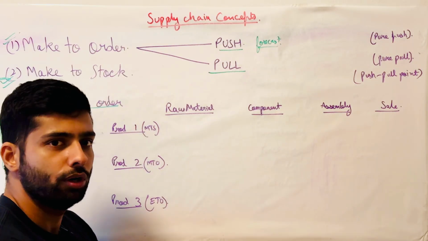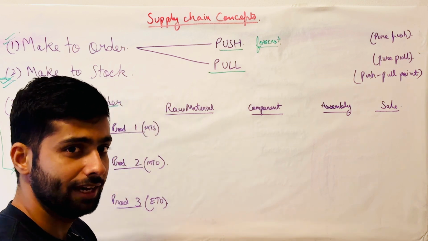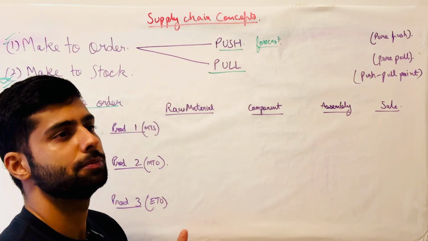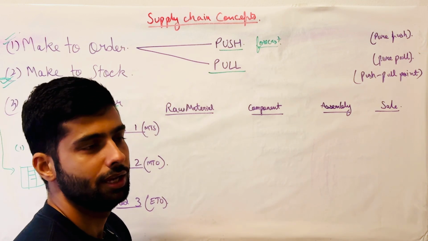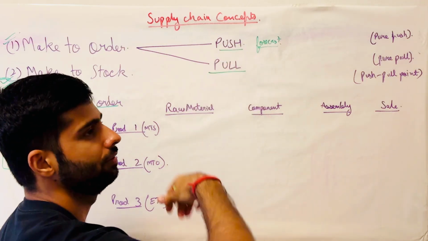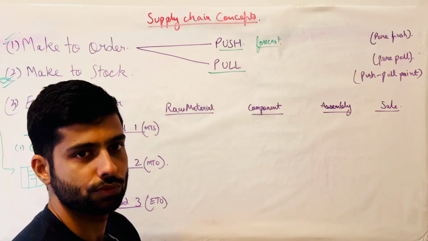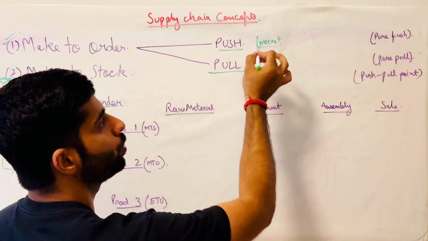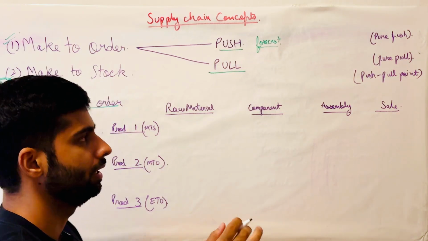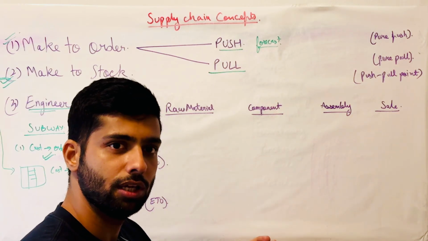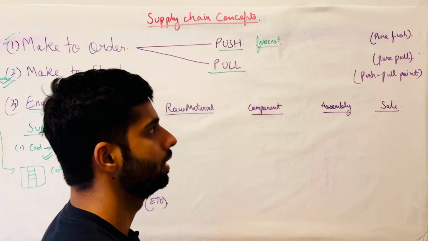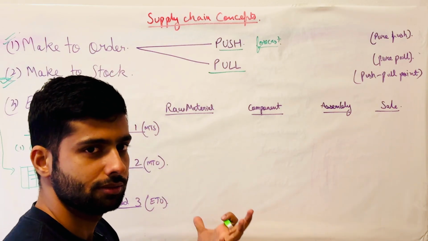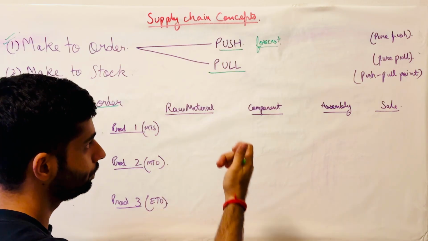Which means you have not received an actual order yet, but you're still trying to push it, expecting that the customers might walk in and they might order 10 sandwiches of a certain kind, 12 sandwiches of a certain kind. That's called push process, right? You are already pushing your orders based on a forecast. Forecast is, I think, self-explanatory at this point.